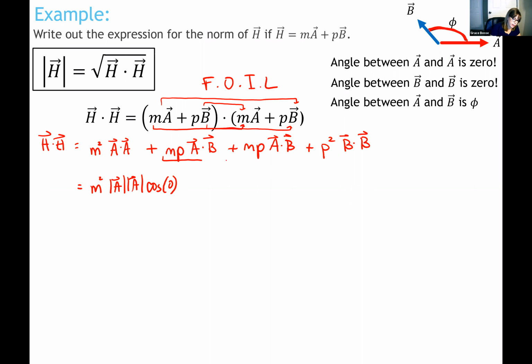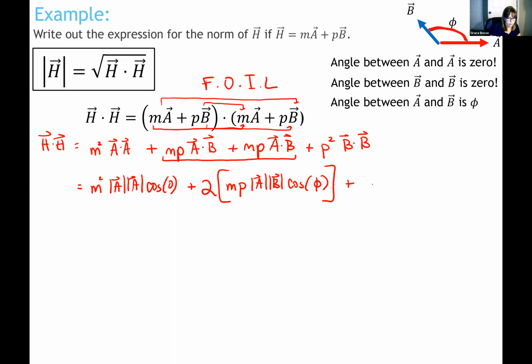I'm going to combine these two middle terms together. I see m times p, then a dot b, and then I see it again. So really I have 2 times m times p. a dot b would be the norm of a times the norm of b times the cosine of the angle between them, which I call phi.